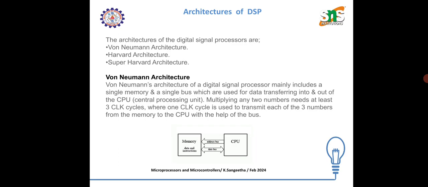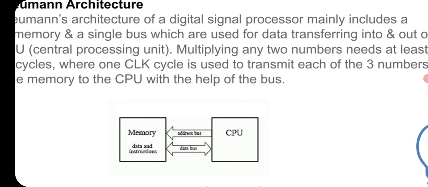In this architecture, see the block diagram. Here the CPU and memory are shared, that is, data and instructions. There is no separate memory for data and instruction. A common bus is shared.